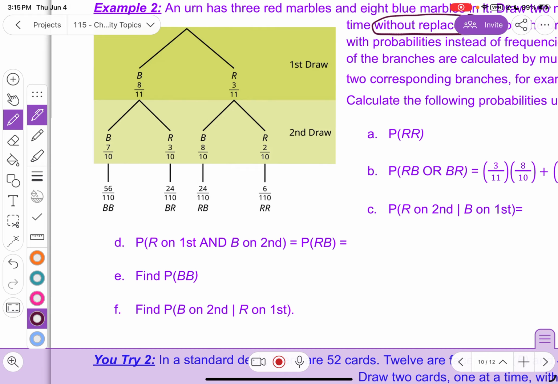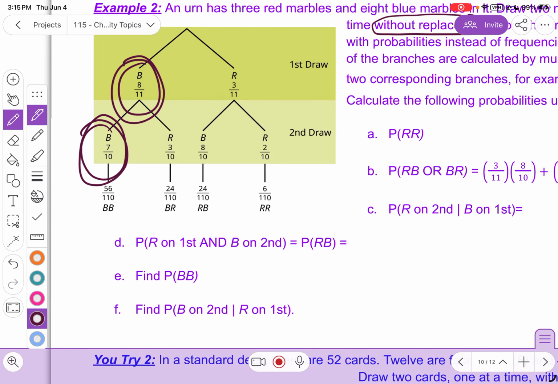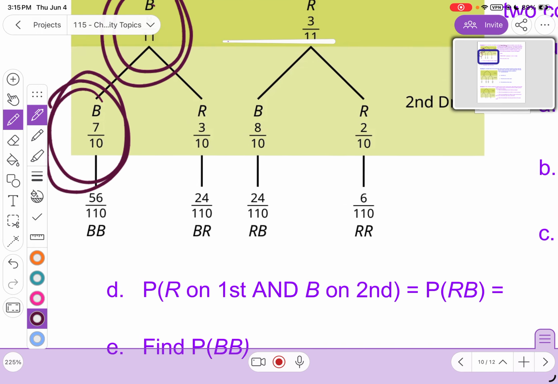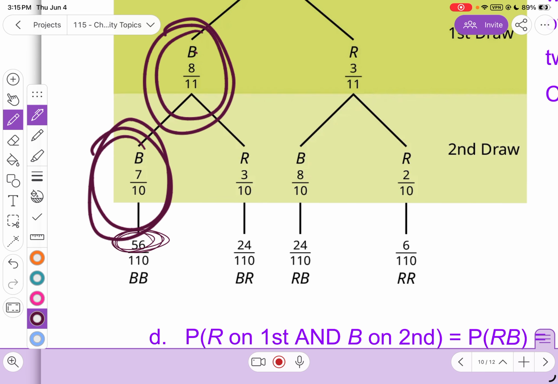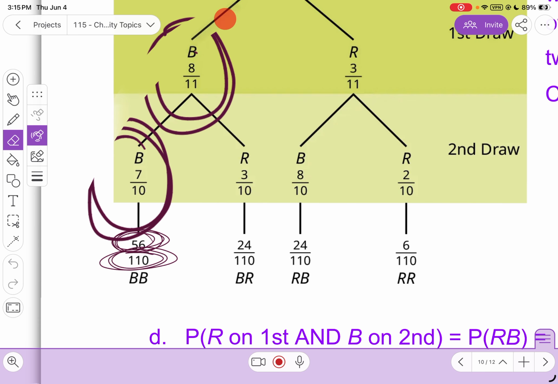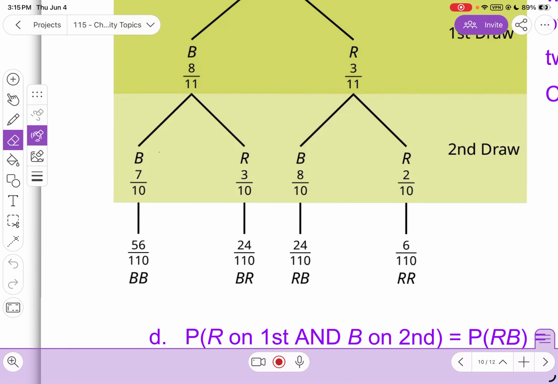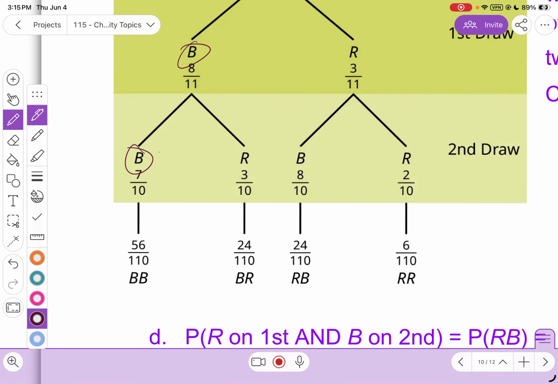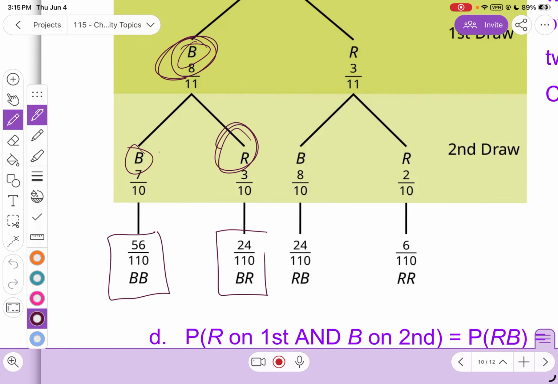Notice when I go down the branches, 8 over 11 times 7 over 10. 8 times 7 is 56. 11 times 10 is 110. So as I multiply down the branches, I get blue, blue is 56 over 110. Blue, red, 8 times 3 is 24, 24 over 110.